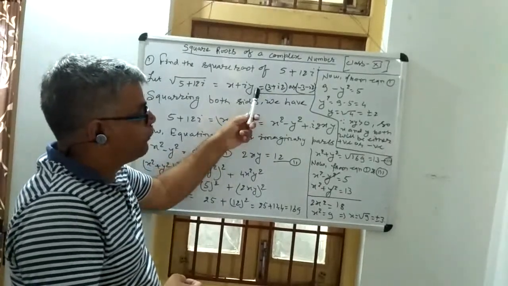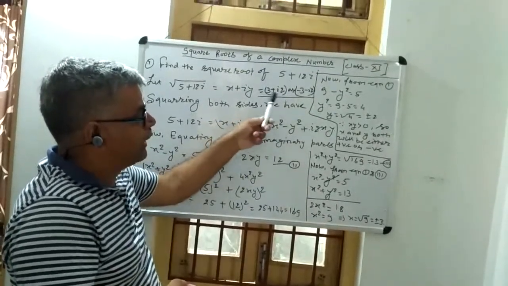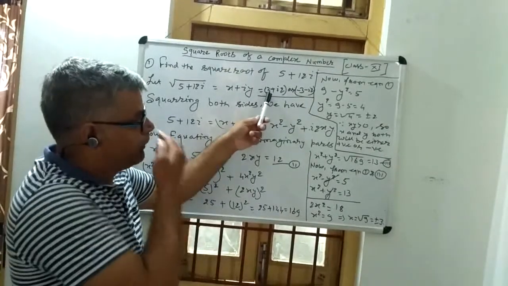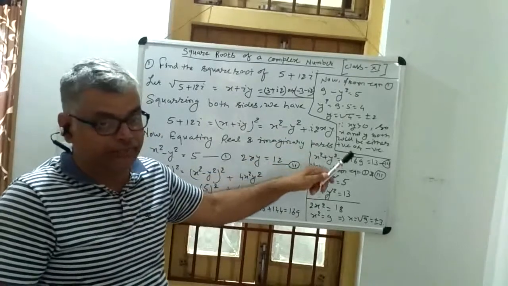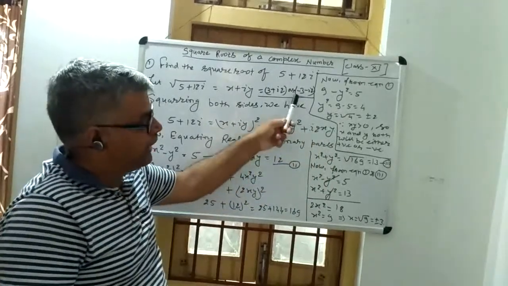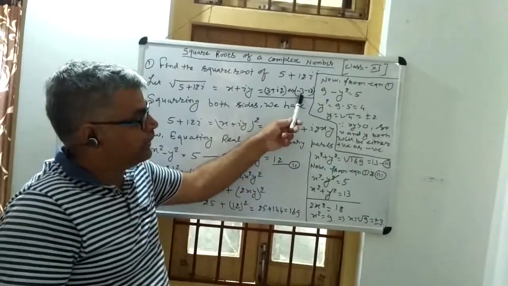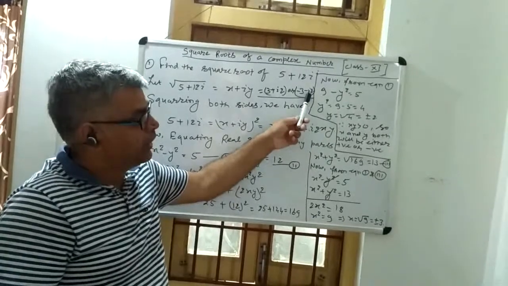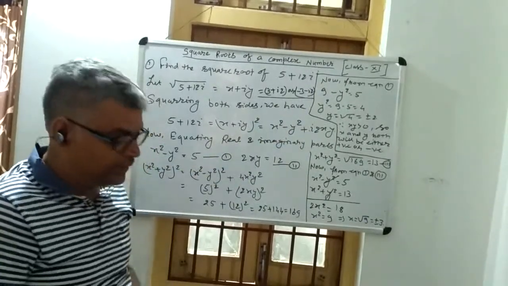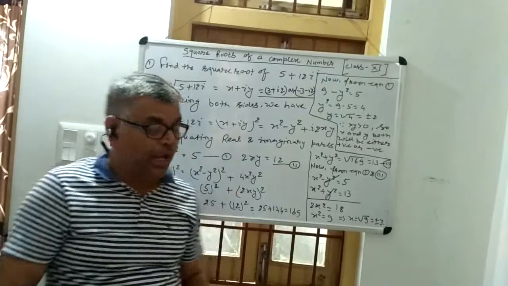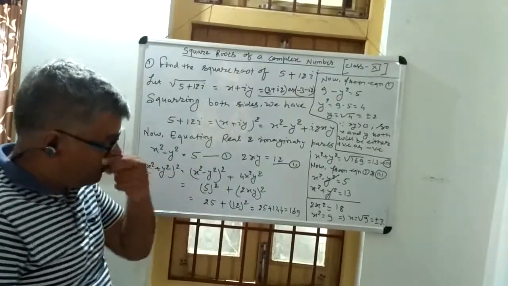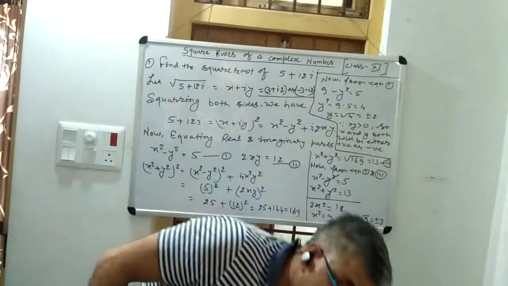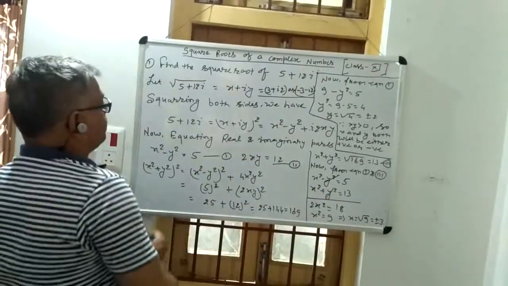When we take positive x and positive y, our complex number will be 3 plus 2i. And when we take both x and y negative, our complex number will be minus 3 minus 2i.